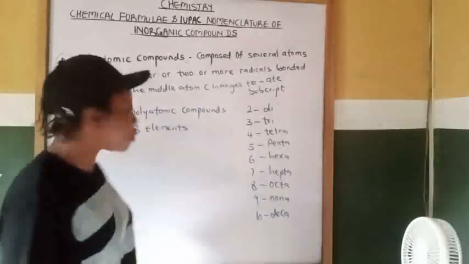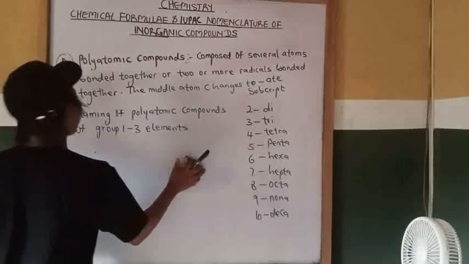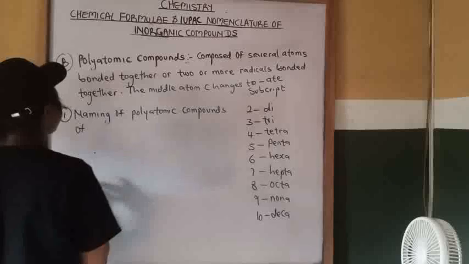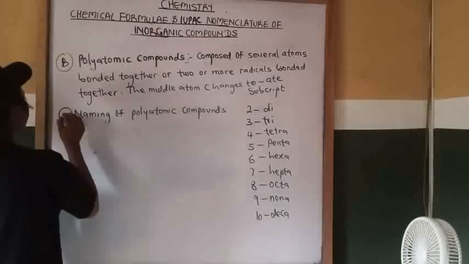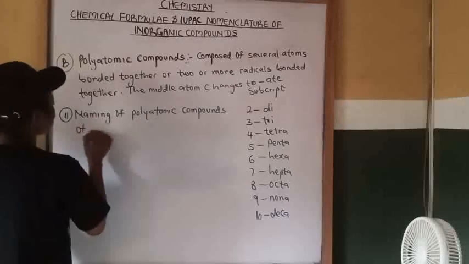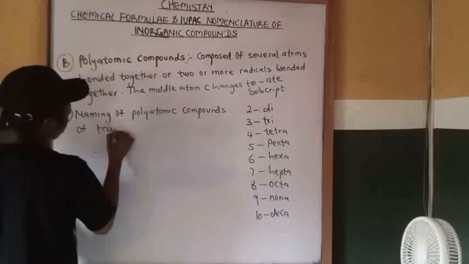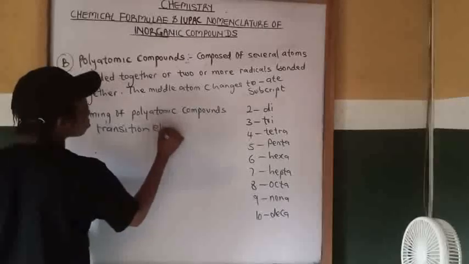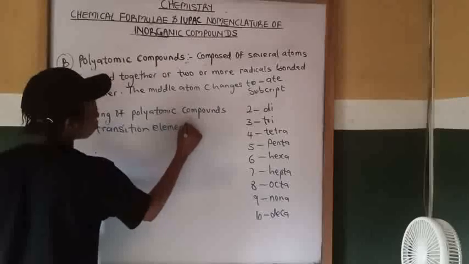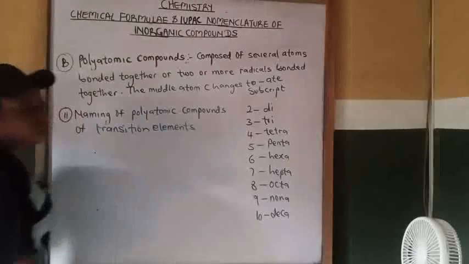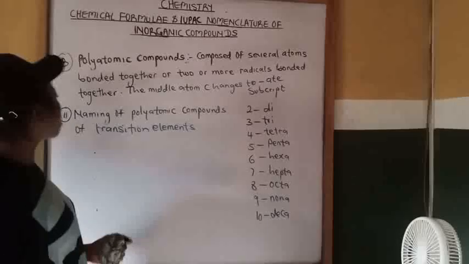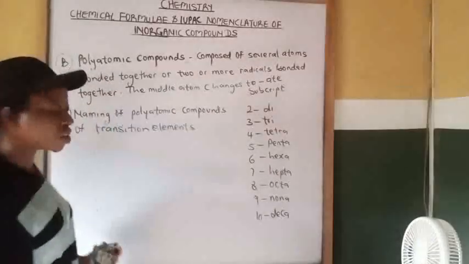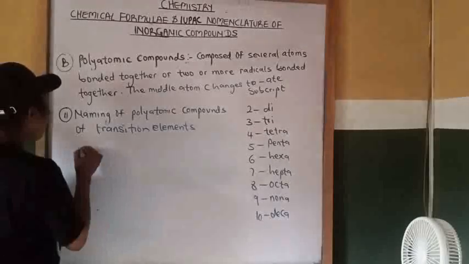So let's take examples on naming of polyatomic compounds of transition elements.